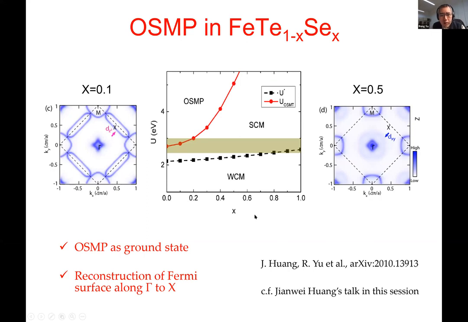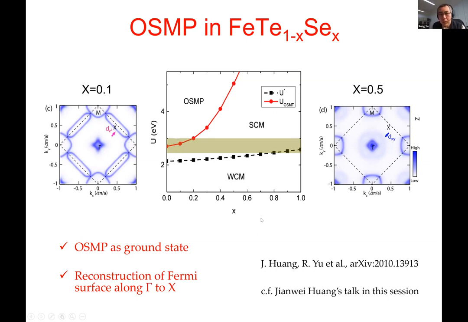We can actually find an orbital selective Mott transition from a bad metal phase to an orbital selective Mott phase by doping from the iron selenide side to the iron telluride side.